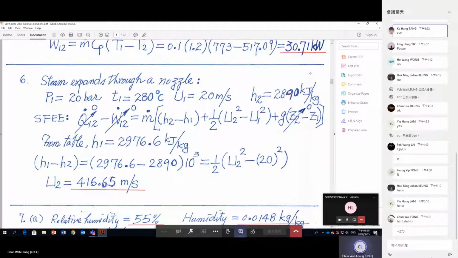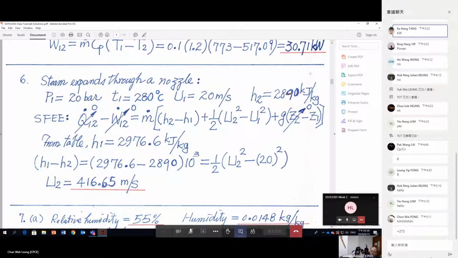Steam. Now steam expand fluid also. So working fluid is steam, and the system also is a flow system. P1, change it into bar. So 2 megapascal equal to 20 bar.